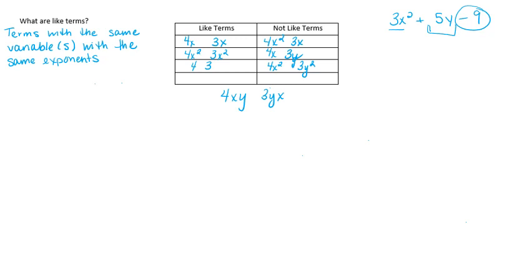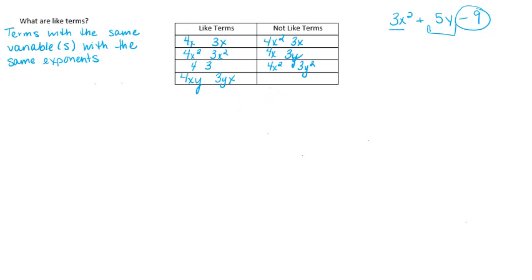Remember, multiplication is commutative, meaning the order doesn't matter. So for instance, 4xy is the same as 4yx. So that means that 4xy, 3yx are like terms. They have the same variables, to the same power, they're just in a different order, which doesn't matter.